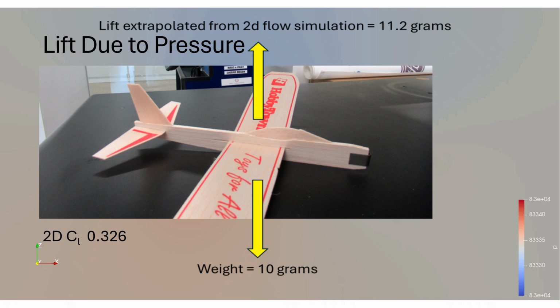the model itself weighed 10 grams, and if we assume that the coefficient of lift was 0.326 for the entire span, we get a lift of 11.2 grams, which is a little bit more, but that's ignoring the fact that lift falls off near the tips, so we probably are a little short on the total lift needed, and to get the exact correct lift for a three-dimensional model, we'd have to fly it a little faster, I think.